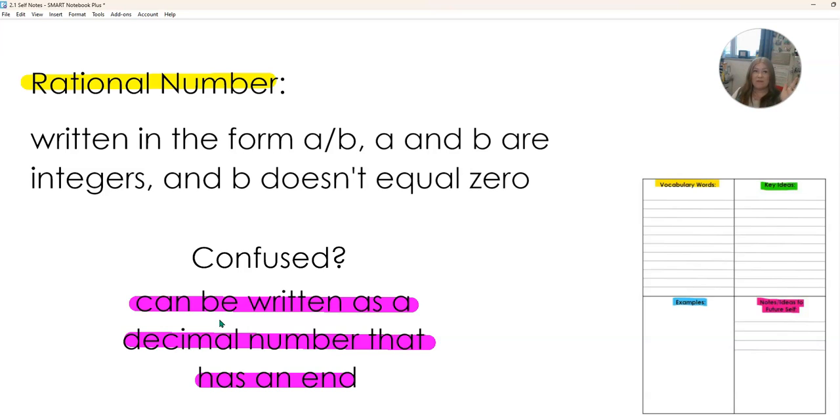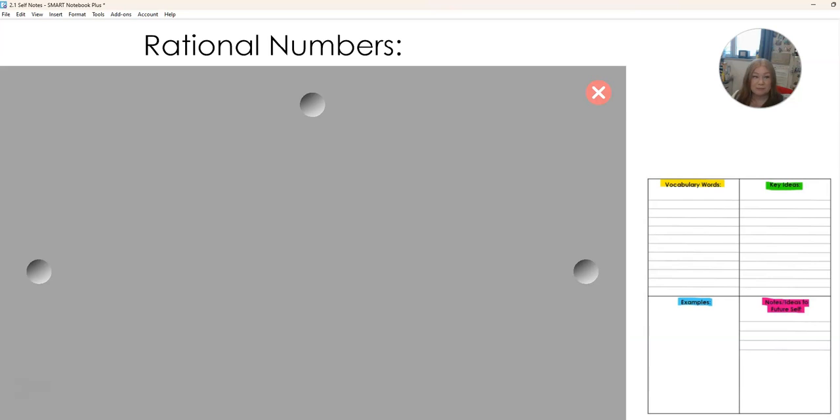But if it goes 0.539218563 and it just keeps going forever and ever and it never ends, that's not a rational number. That's another type of number you're going to learn about later in math, not this year, okay? So rational numbers are just fractions and decimals, and they're just nice fractions and decimals, like your benchmark ones, 1/2, 1/4, okay? So nice ending decimal numbers.